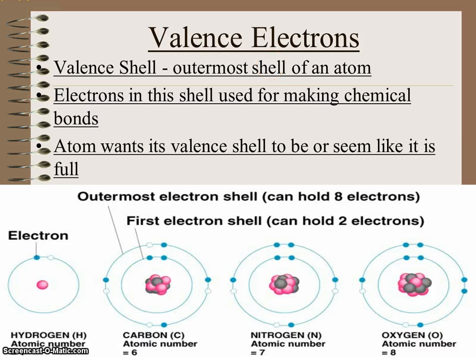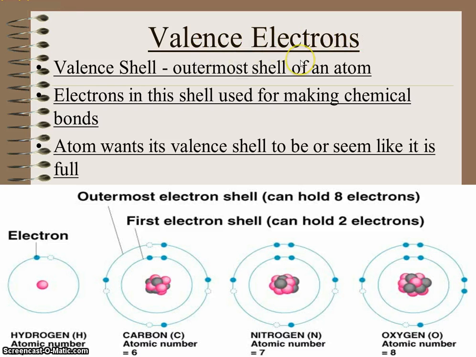So atoms with very few electrons in their outer shell want to bond with somebody else very much to fill those up, and atoms or elements with almost a full shell want to bond because they're so close to being full. So valence electrons are extremely important.